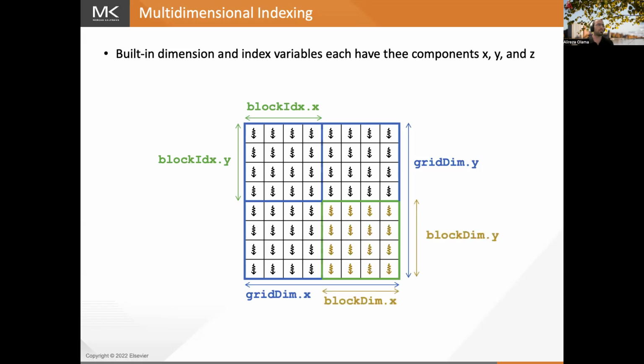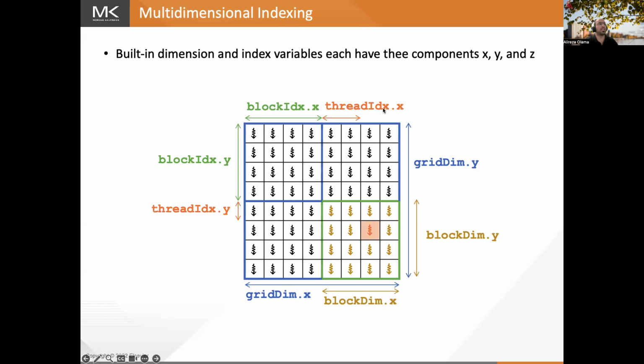And if you use .y here, you get the block index along the y direction, right? And then you have blockDim, which gives you the number of threads along the y direction if you use blockDim.y, and blockDim.x if you want to know the number of threads along the x direction within that block. All right. You have the same terminology for the thread index.